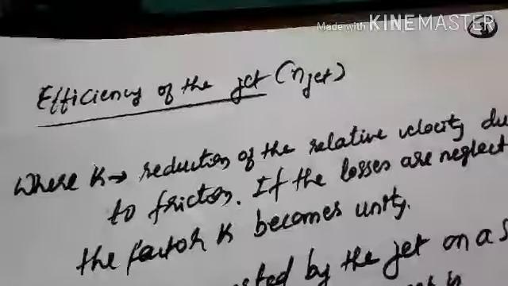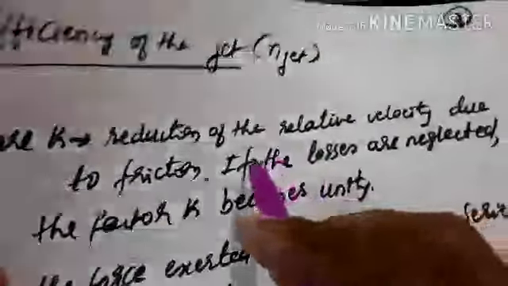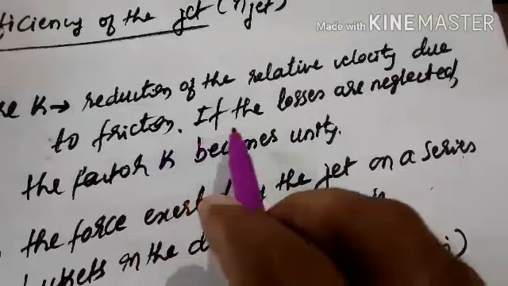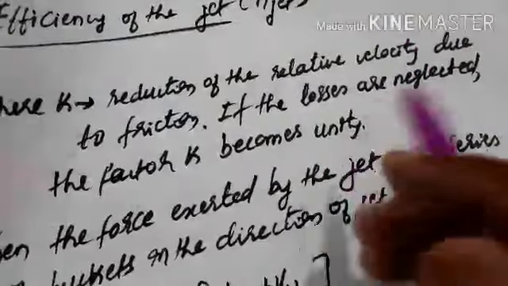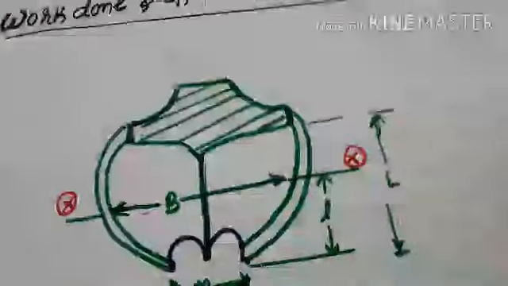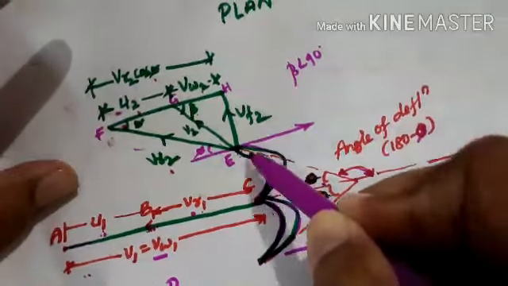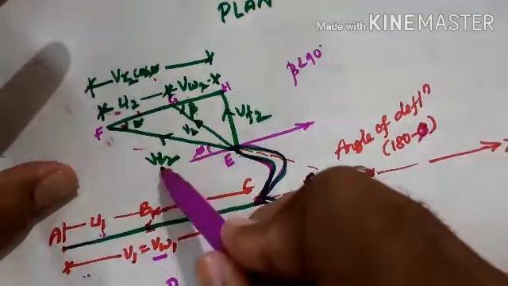So what is this k? Where k represents the reduction of the relative velocity due to friction. If the losses are neglected, suppose the blade passage is assumed very smooth, with no losses at all, and the water is gliding over this smooth surface and coming out, then Vr1 is equal to Vr2.